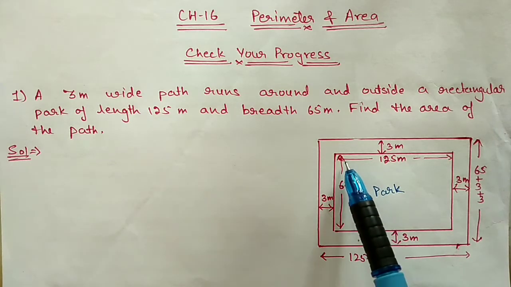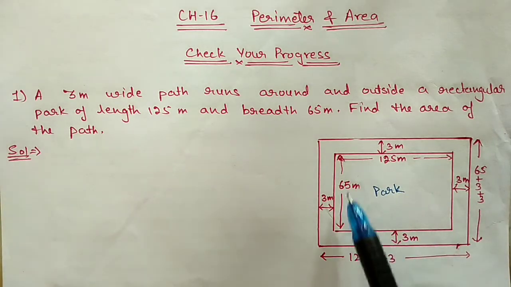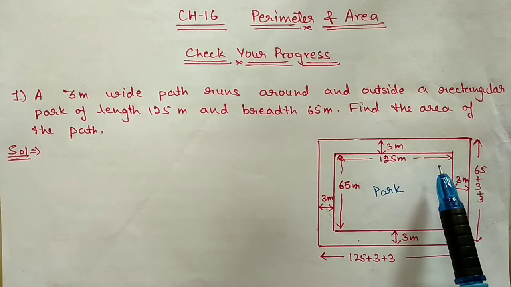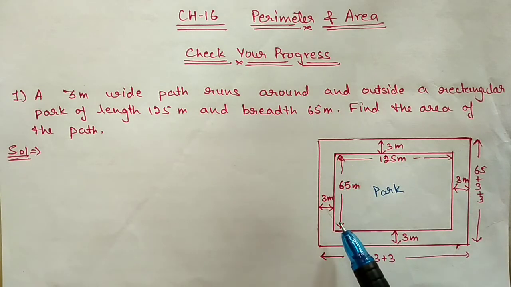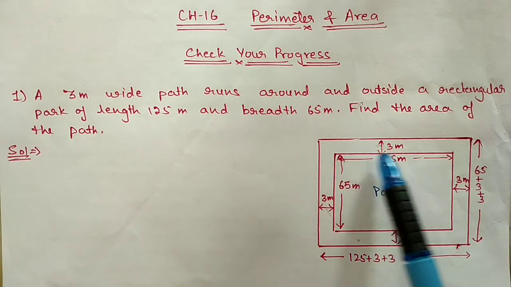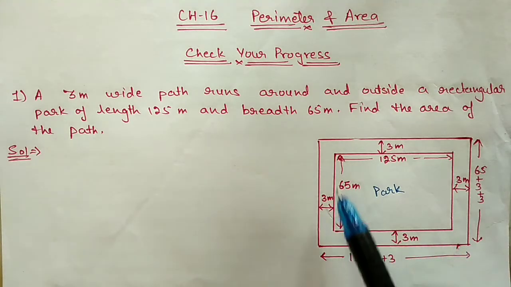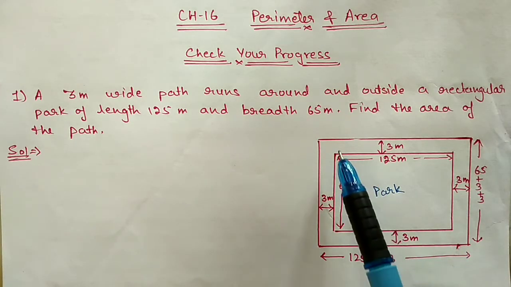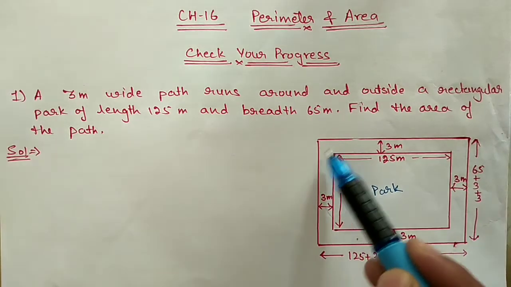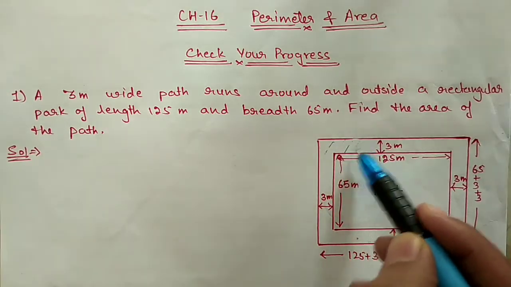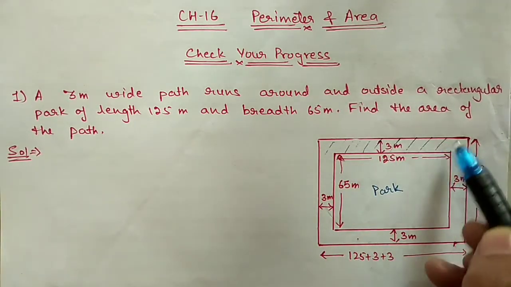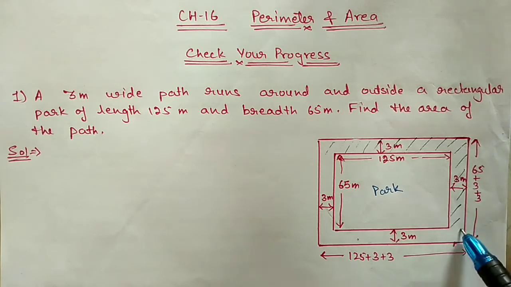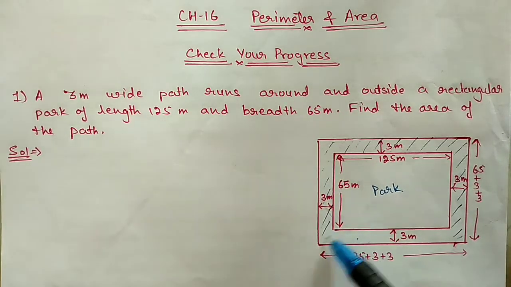So in the figure you can see this inner rectangle is a park and the dimensions are 125 meter by 65 meter, and all around this park there is a path of 3 meter, and we have to find the area of this path. So it means we have to subtract the area of the inner rectangle from the outer rectangle.